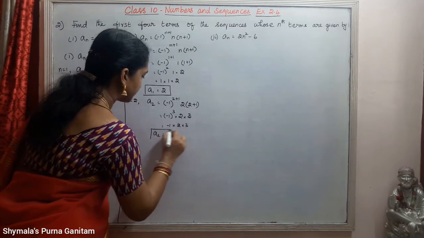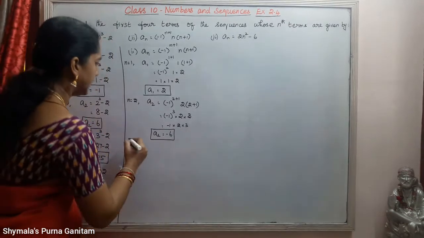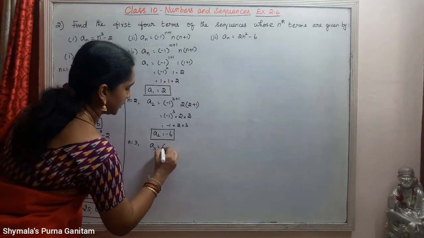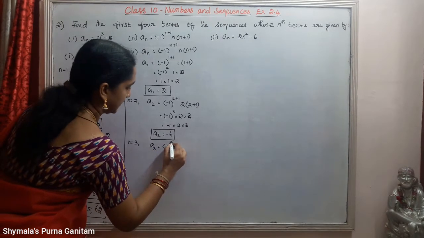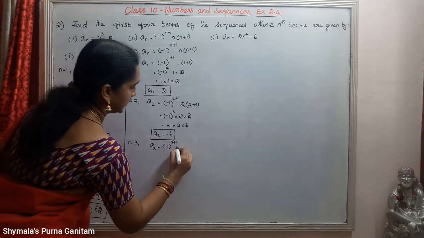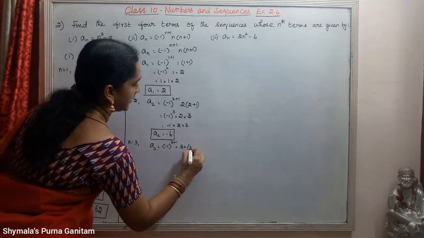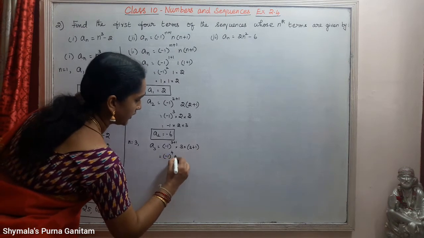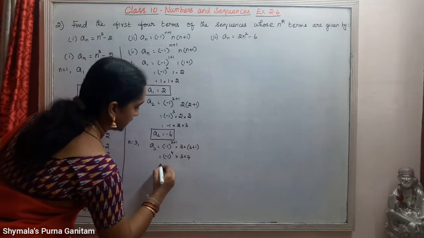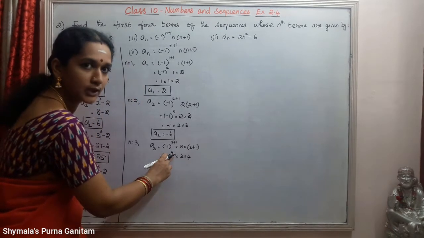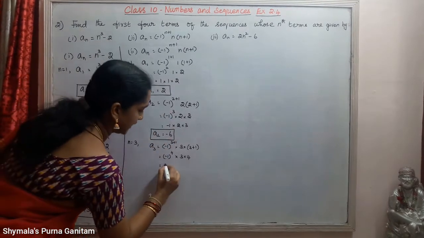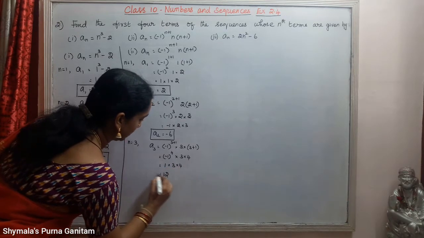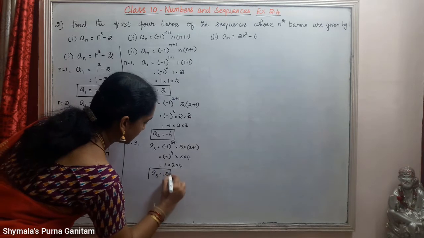So this is our a2. Then n is equal to 3. So a3 is equal to (minus 1) whole power 3 plus 1, into 3 into 3 plus 1. So this is (minus 1) whole power 4 into 3 into 4. (Minus 1) whole power 4 is an even power, so we get 1. So 1 into 3 into 4, this is 12. So a3 is 12.